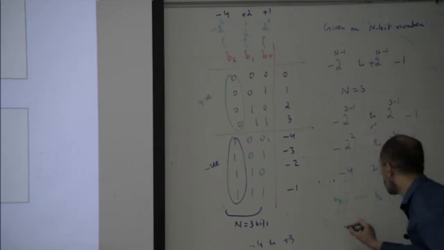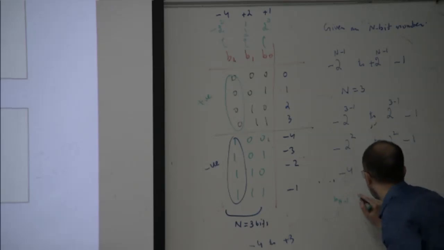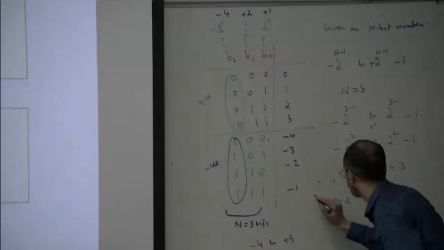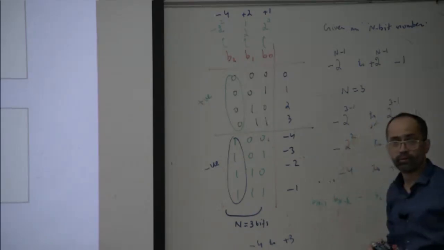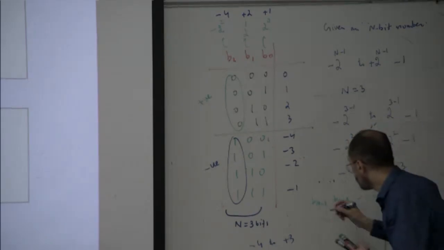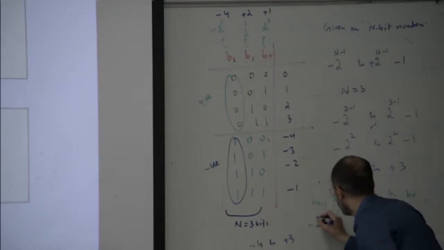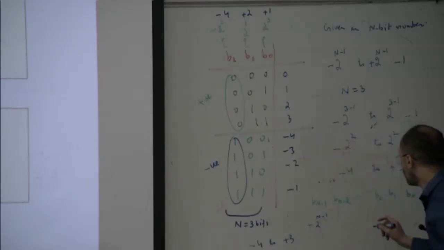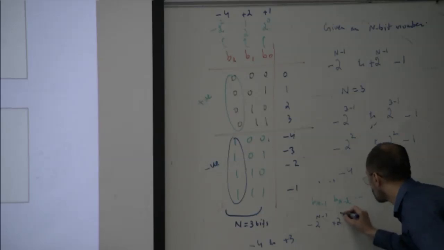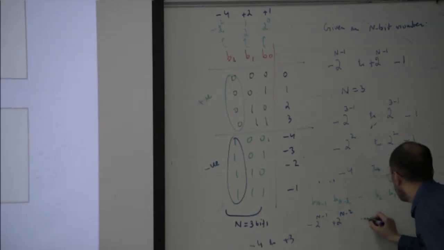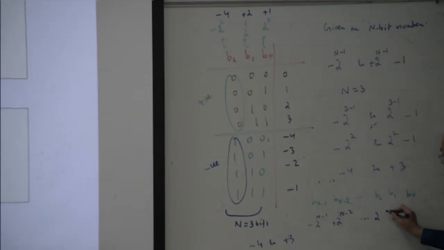The weight of bn minus 1 is -2 to the power n minus 1, and the weight of bn minus 2 is +2 to the power n minus 2, and so on. What is the weight of this? 2 to the power 2. Then 2 to the power 1. Then 2 to the power 0.